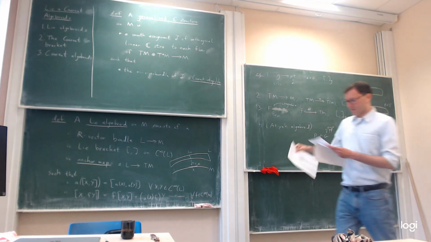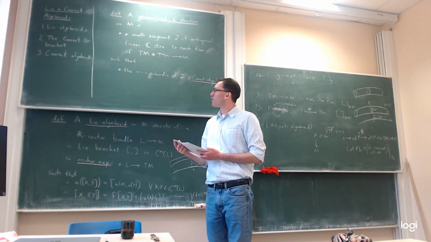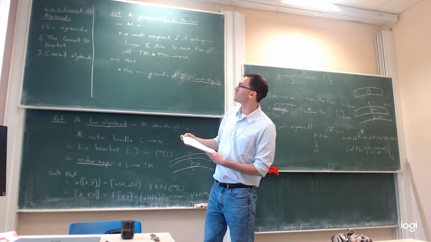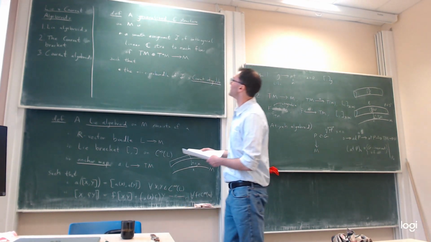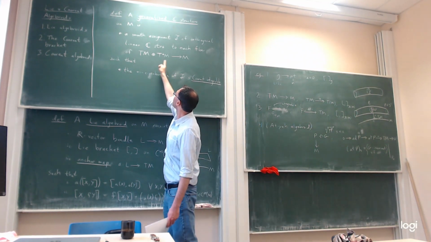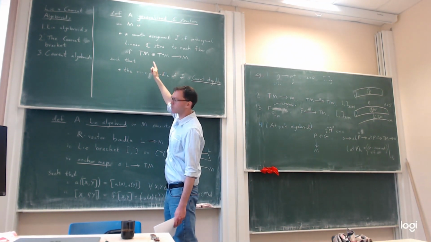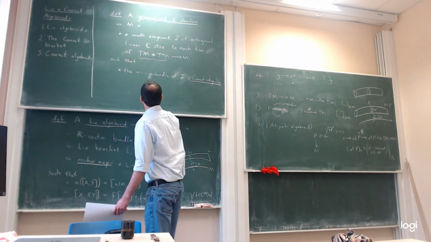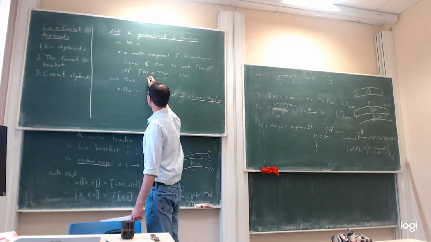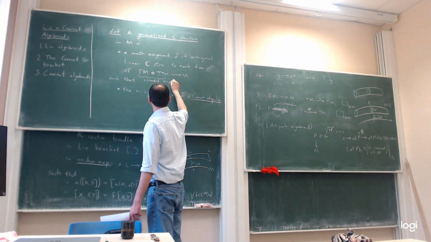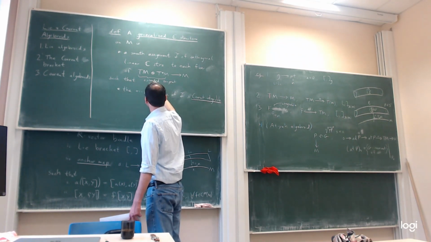Okay. So now I want to describe the Courant bracket. And so the Courant bracket naturally lives on the extended tangent bundle, which is the fiber-wise double of the tangent bundle.